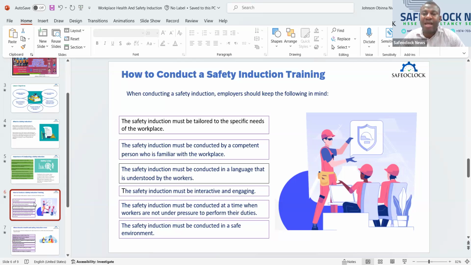Safety induction should be carried out by somebody who is competent enough, who has been in the organization for some time, who understands the processes, and who can explain to the new employees the safe processes, the activities, and the hazards and risks ongoing in that workplace. Somebody who is also able to take the new inductees on a safety tour around the workplace. Such a competent person should be the one carrying out safety induction.